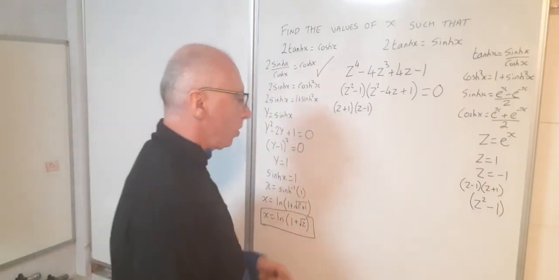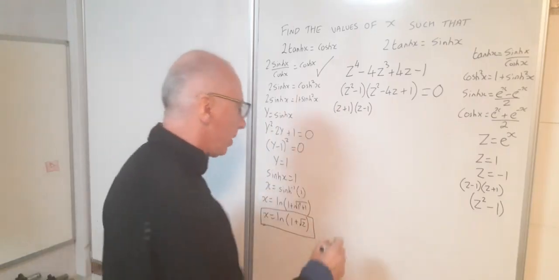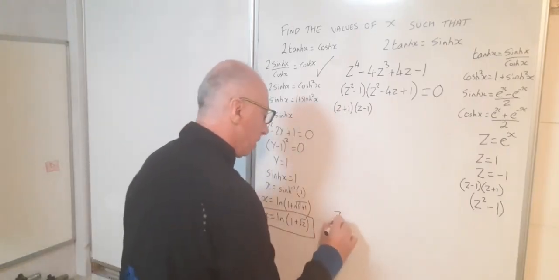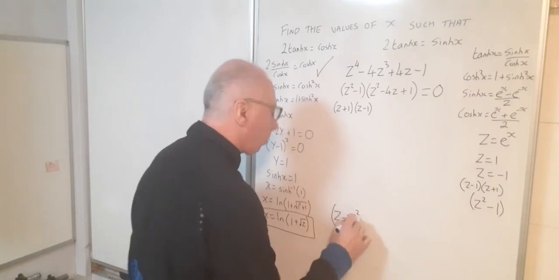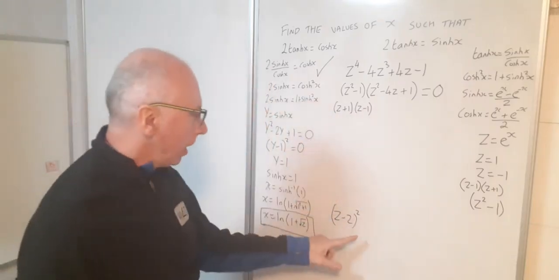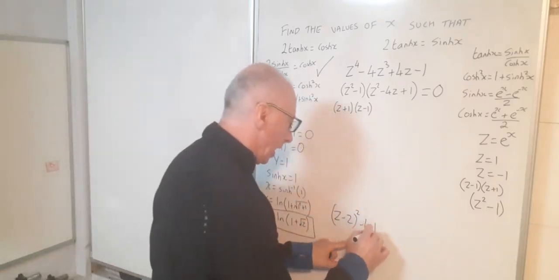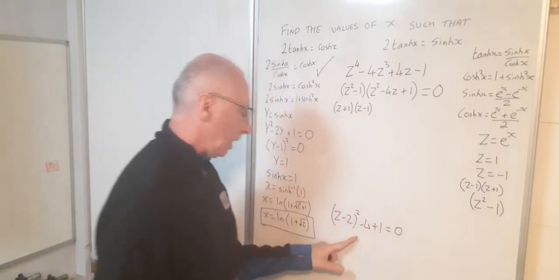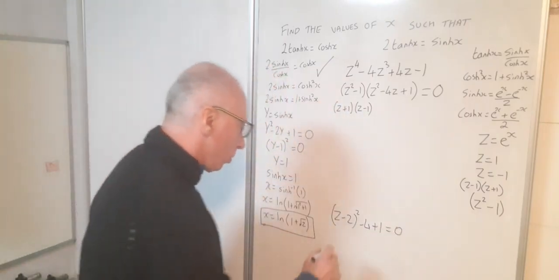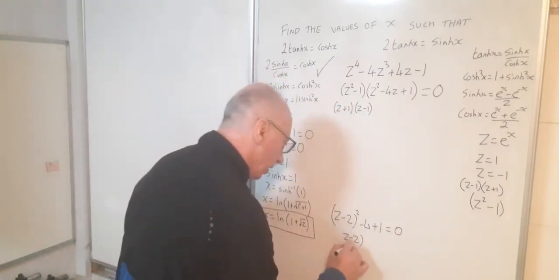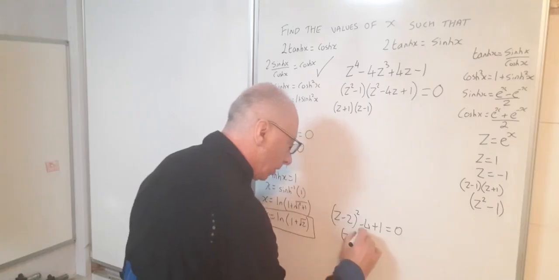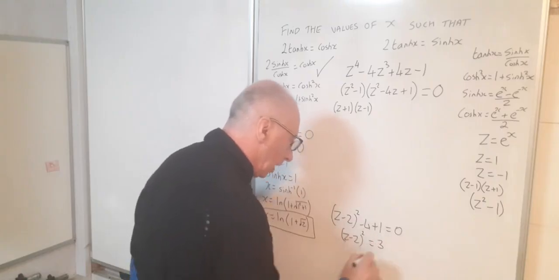So let's just do some calculation here. Let's take the square. So we'll have z minus 2 squared. That'll be fine. Take off 4 and add 1, set it to 0. So then we'll have z minus 2 squared equals, take that to the other side, I'll have plus 3.